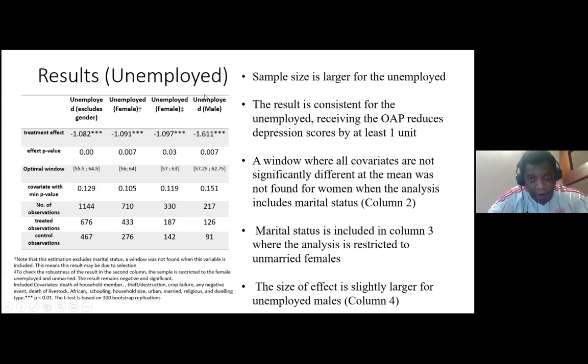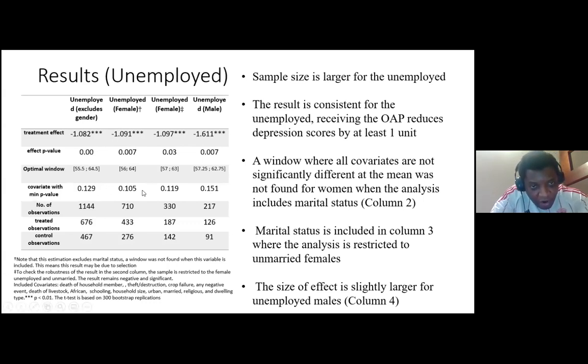The reason why I have 4 columns here is that this first one excludes gender. The second one excludes marital status, because in this analysis we weren't able to find a window for females where the marital status is balanced across treatment and control group.